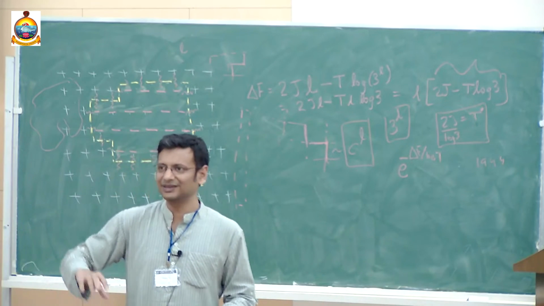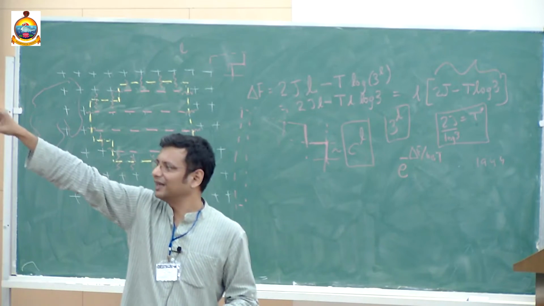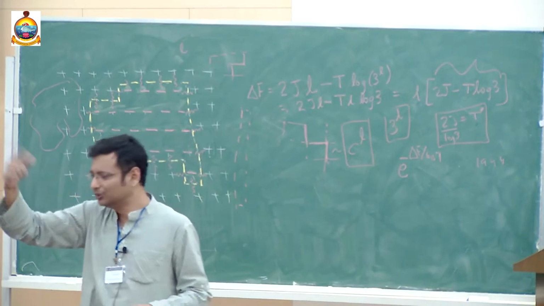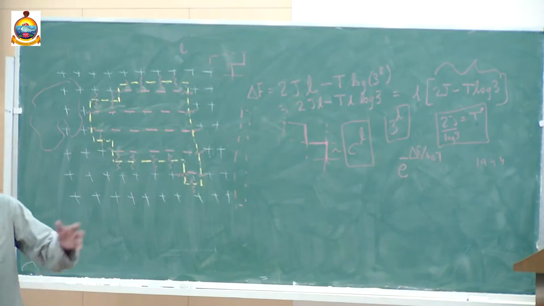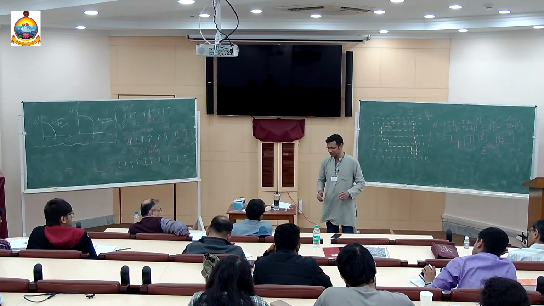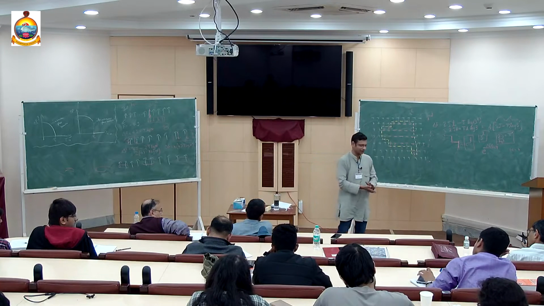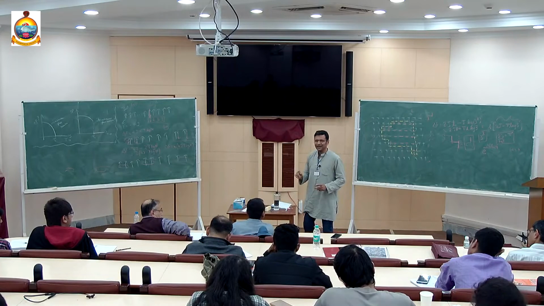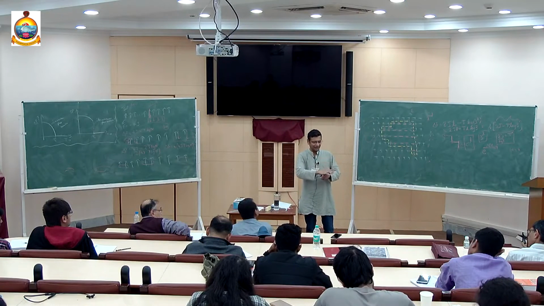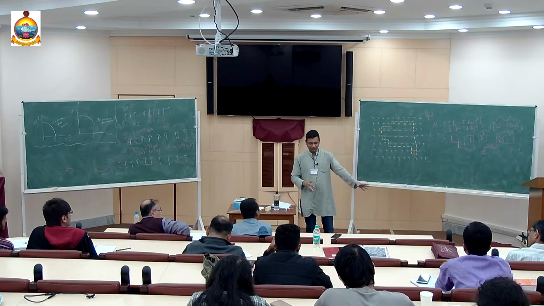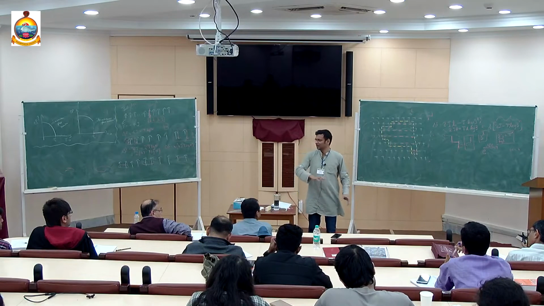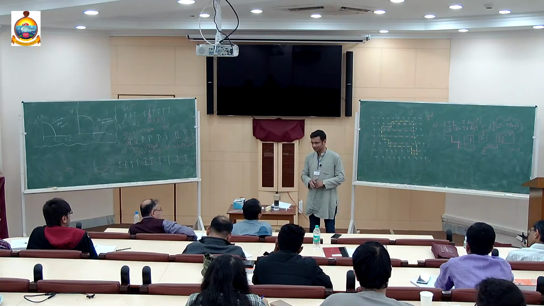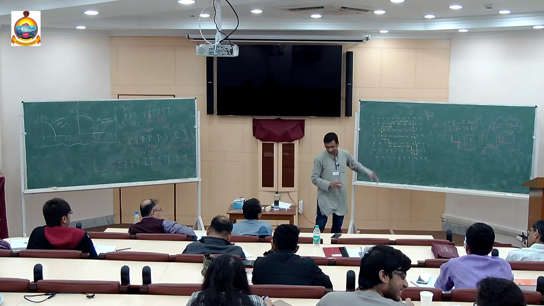Another complementary approach is you start from very high temperature and again try to develop an expansion of the partition function in terms of a series expansion using the fact that the temperature is high. So one thing is the low temperature expansion of the partition function, the other thing is the high temperature expansion of the partition function. So I'm going to do both here, and then we'll see that there is a very interesting connection between the low temperature expansion of the 2D Ising model and the high temperature expansion of the 2D Ising model, which allows us to find TC. Okay, so that's the idea, and therefore we'll get TC.